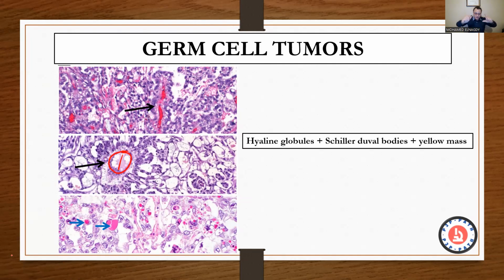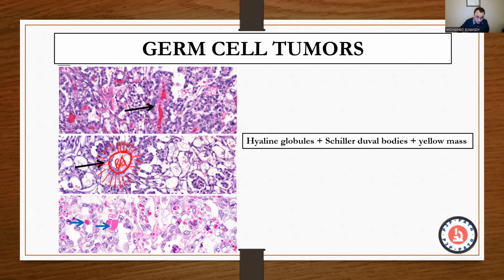Here is the core, the circle of the sun, and here are the sun rays, which are represented in this case by the cells arranged around this sun. It's a red sun, actually. It has this hyaline thing in the middle, and then the cells are arranged around these hyaline things. These are called the Schiller-Duval bodies. Very important, very characteristic of this tumor.